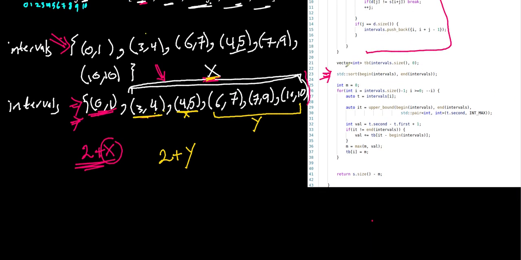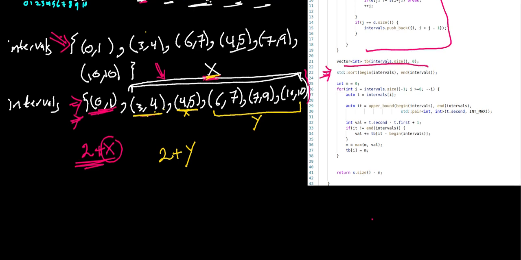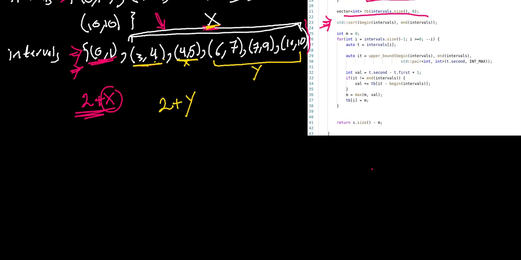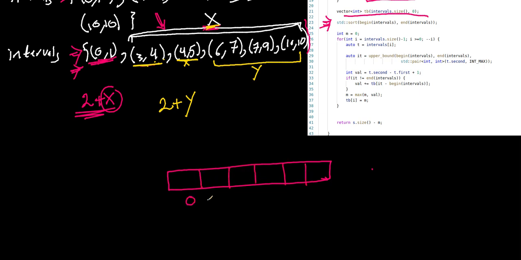And to do that, we have a table of length interval size. So we have a table of length 6, indices 0, 1, 2, 3, 4, 5.